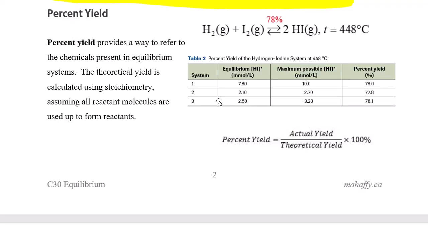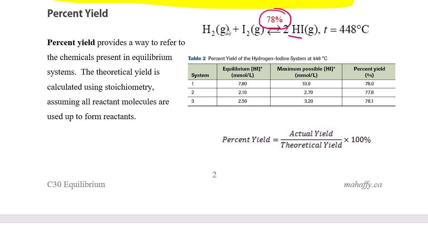In previous labs, you've calculated percent yield. Percent yield is the way that we can identify how much of a product forms relative to how much product we think should form. And so if I have a system in equilibrium and it forms 78% product, that means that 22% of my reactants remain as reactants.